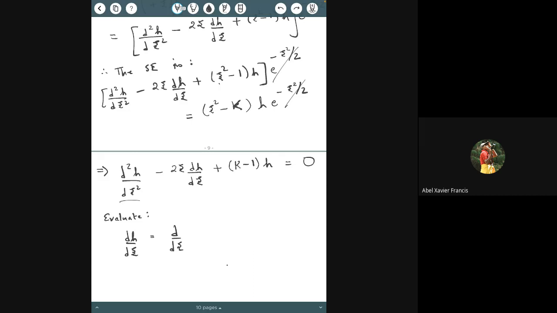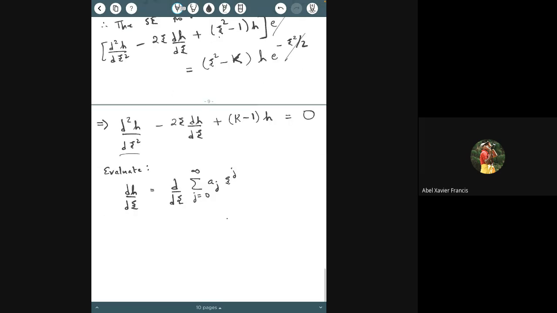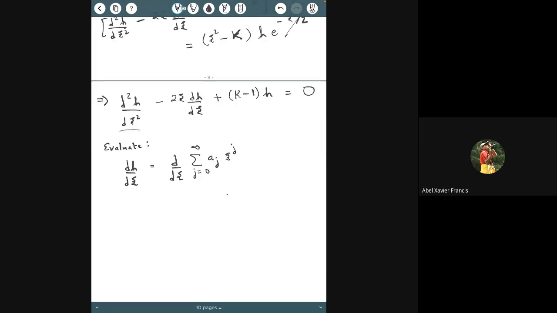Remember, I wrote h as a series, which is basically just a concise form of the polynomial. And when you do that, you will get sum to infinity aj j psi to the power j minus 1.